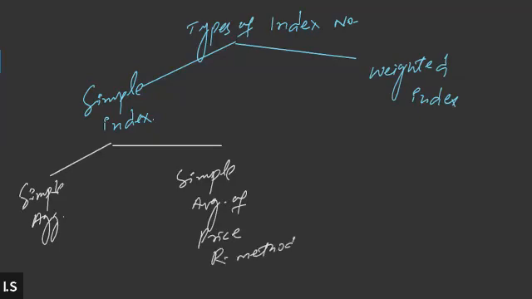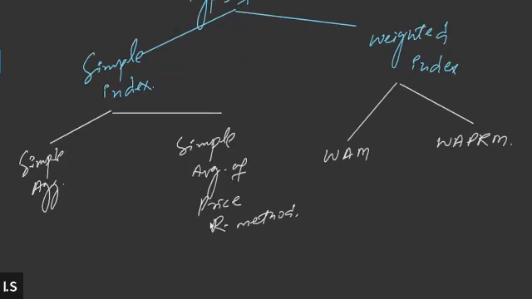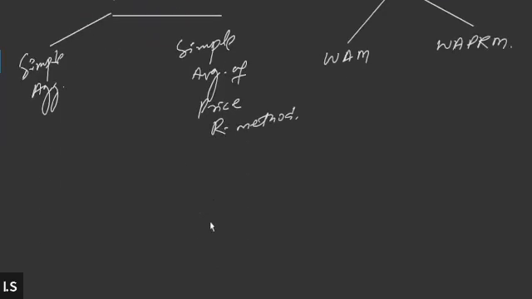So there are two methods to construct simple index number. Similarly, weighted index number can also be determined by two ways, one of which is weighted aggregative method, and then there is weighted average of price relative method.